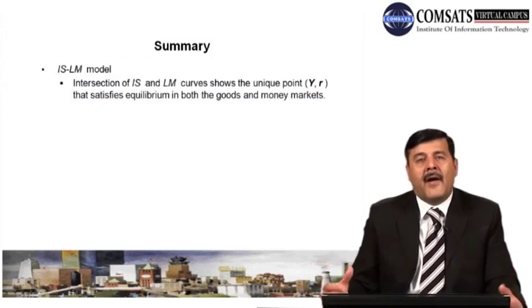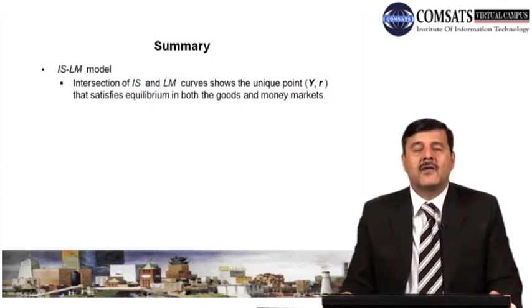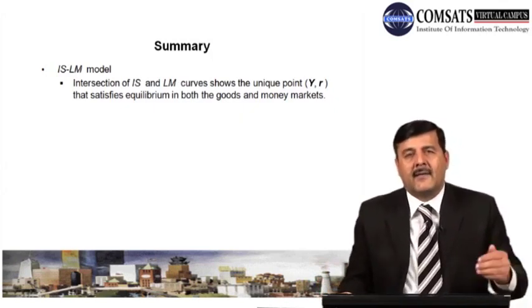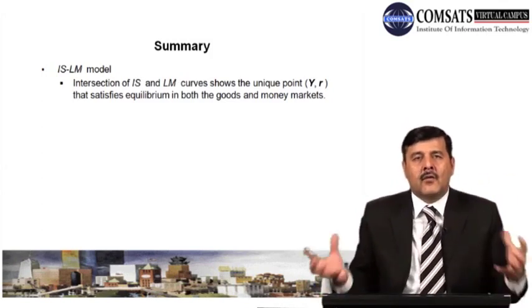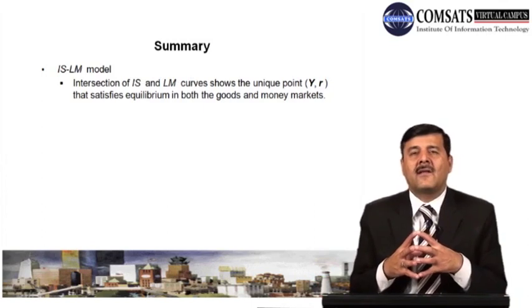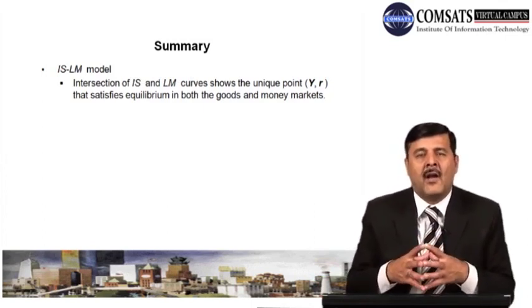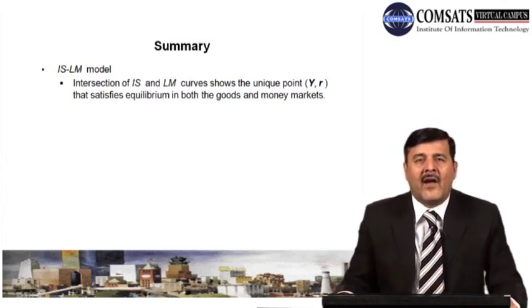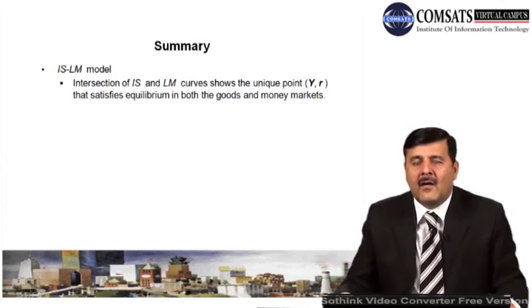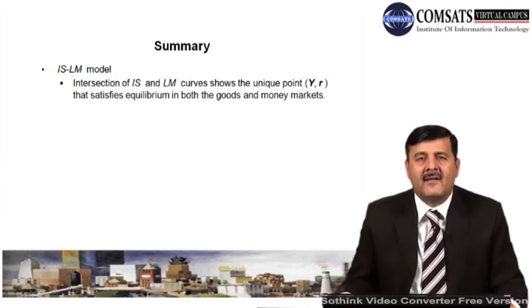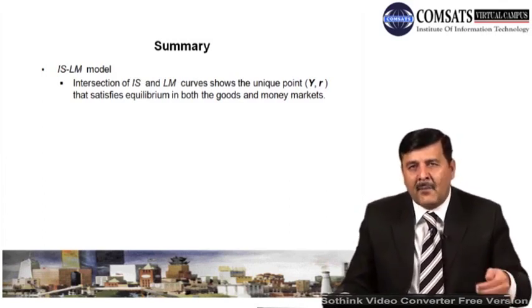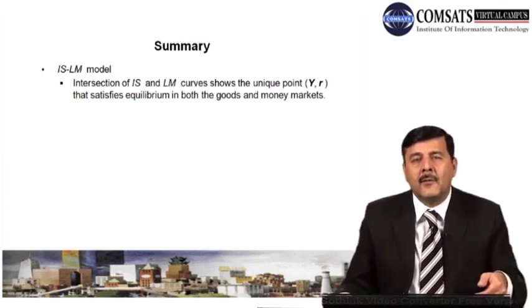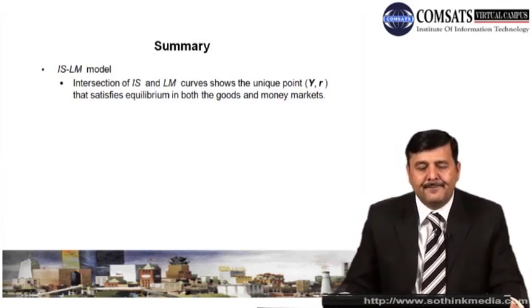Then we combined these two curves. We studied the IS curve in the previous lecture, and the LM curve in this class. Combining both, this model gives us a unique combination of R and Y, which tells us the equilibrium in both the goods market and the money market.